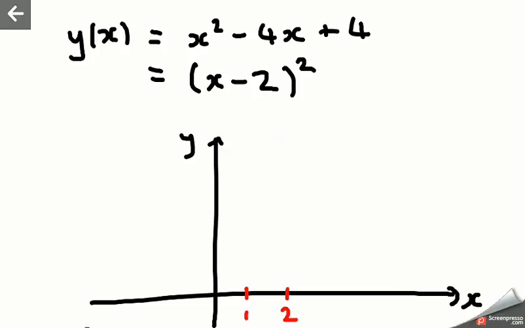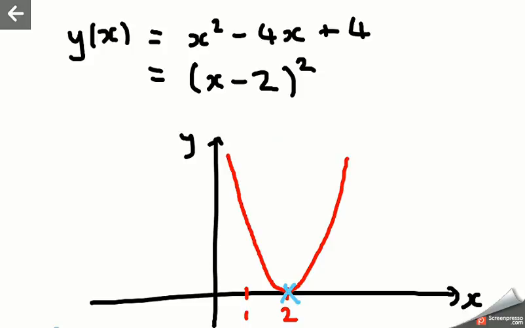It's exactly the same as the graph x squared, except it's been shifted across to the right by 2. And it just touches the x-axis once.